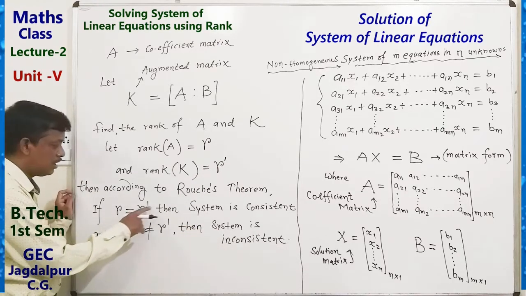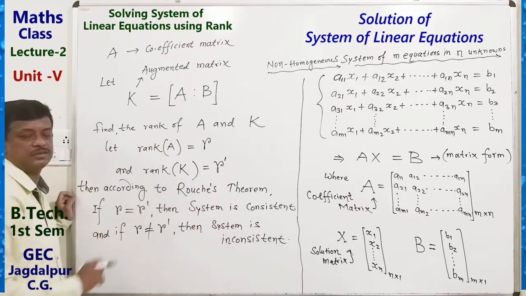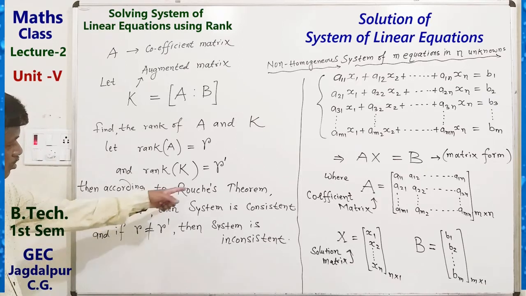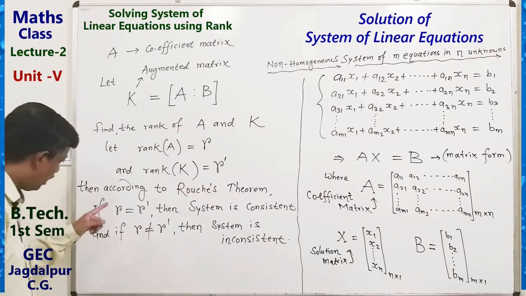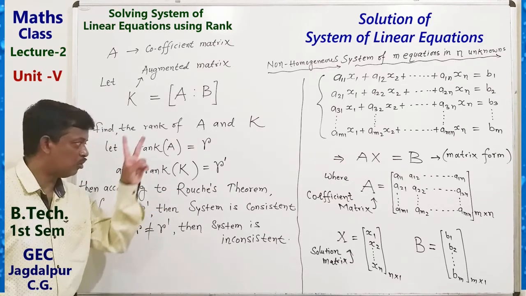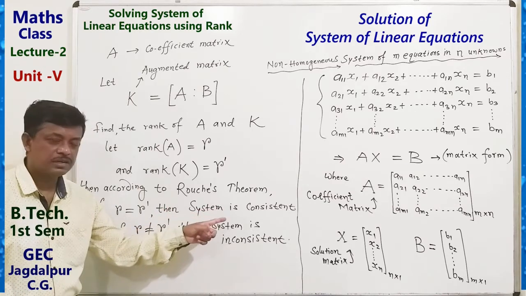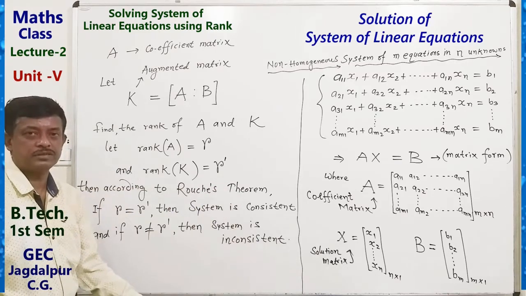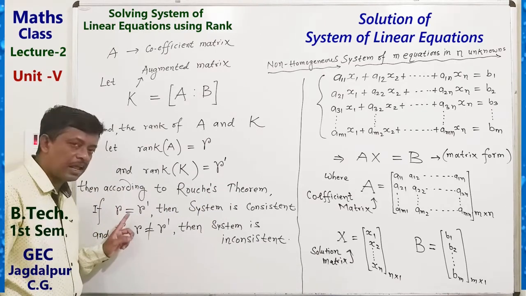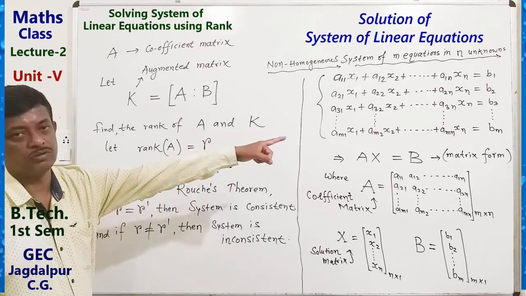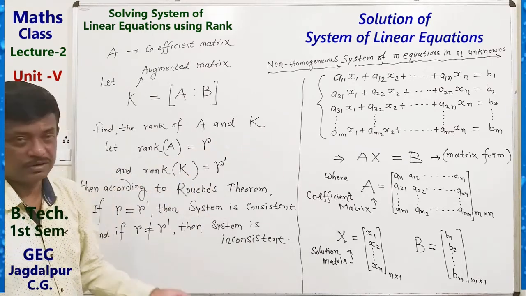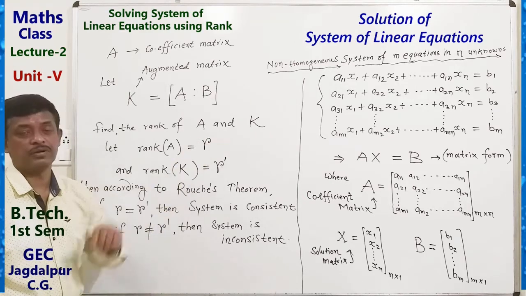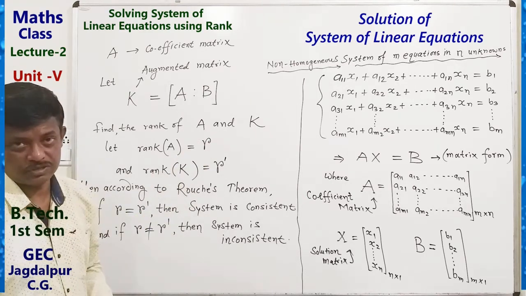If R equals R dash, then the system is consistent. Clear? So this is Roche's theorem. When R equals R dash, both ranks are equal, then the system is consistent. And if consistent, then we further test. If this rank is equal to the number of unknowns, then a unique solution. If this rank is less than the number of unknowns, then an infinite number of solutions.